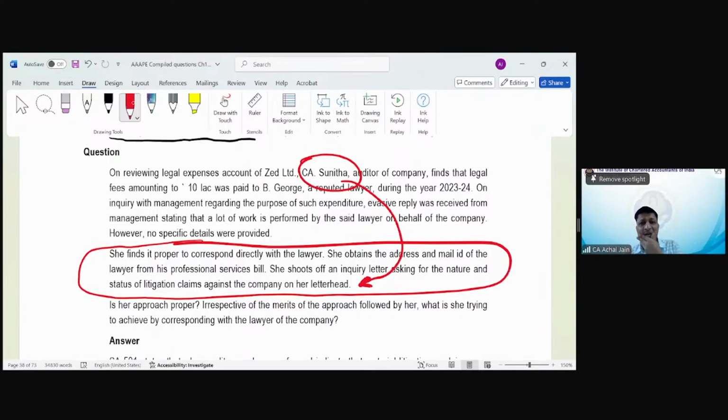She might be trying to identify the risk of material misstatement only. This may be her intention in asking the lawyer, whether it has to be disclosed in the notes to accounts or whether there is any impact on the financial statements. That could be the reason for approaching the lawyer, I believe.